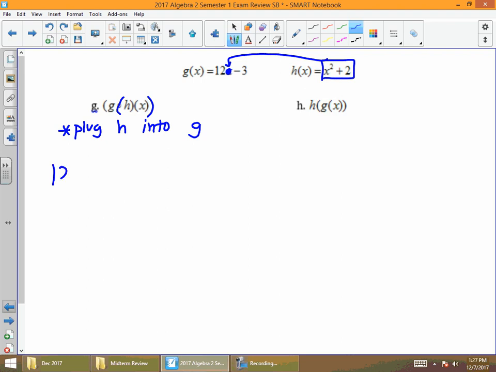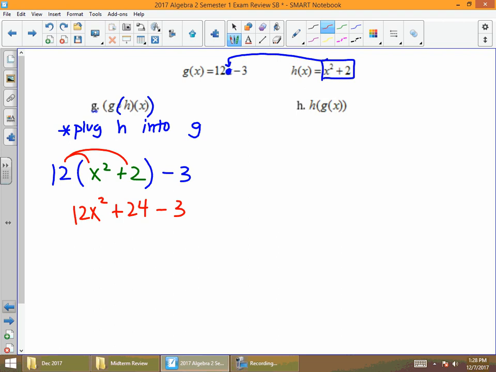So it's going to look like 12, but in place of the x, we're going to put the other function, which is that x squared plus 2. And we can just clean it up. We're not going to get a numerical answer for this. There'll be an x in our answer. So 12x squared plus 24. We can't forget about that minus 3 at the end. So we should end up with 12x squared plus 21.